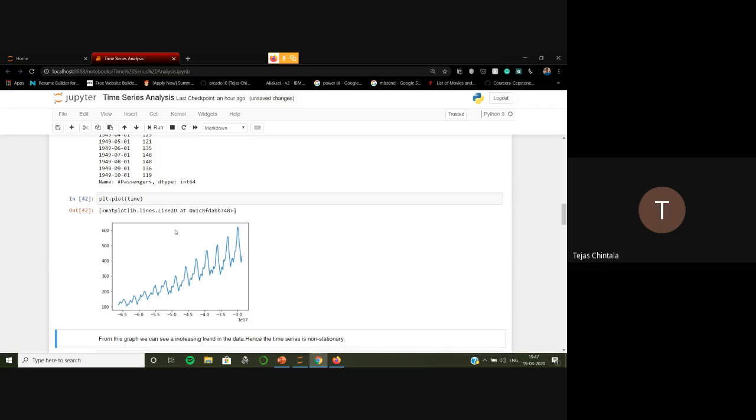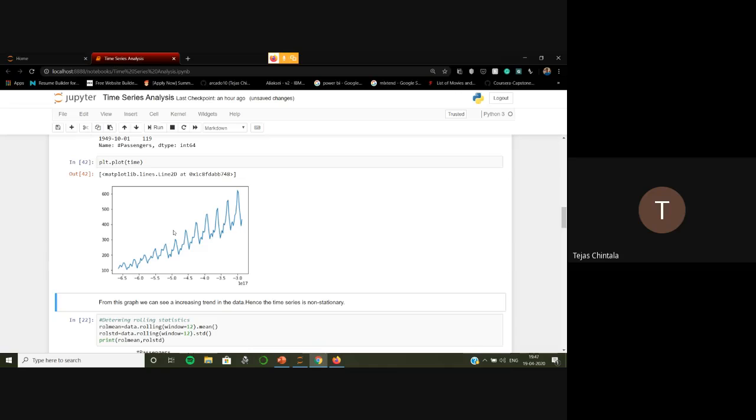In this graph, we see an increasing trend, clearly you can see the graph is increasing. So our time series is not stationary. It's not stationary at all.